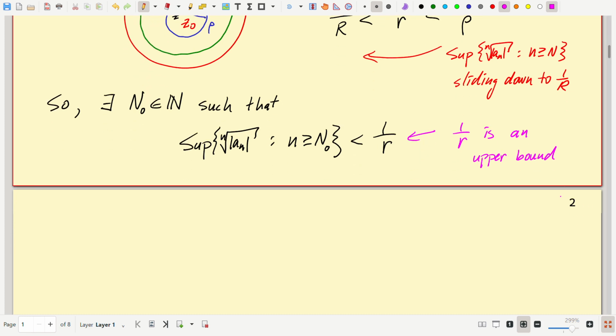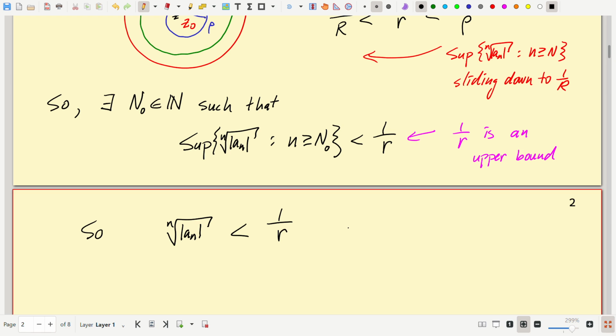So that means that the nth root of mod a_n is less than 1 over r for n bigger than or equal to that n naught.